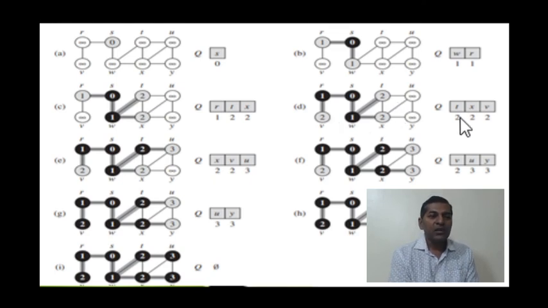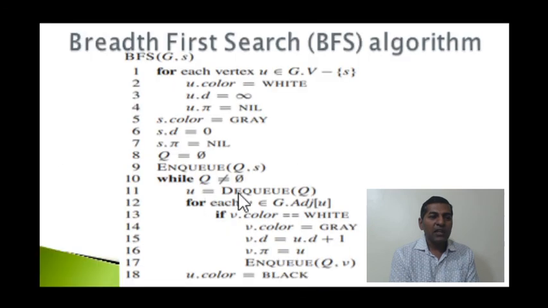In the next stage we will dequeue R. As we see in the algorithm, we dequeue the next element in the queue, and for all its adjacent vertices, if they are white, make them gray, increase the distance from the source, connect them to their parent, add them into the queue, and then make the vertex black.